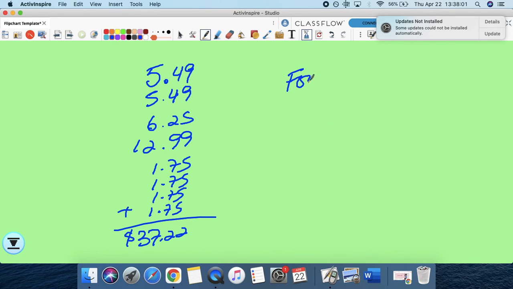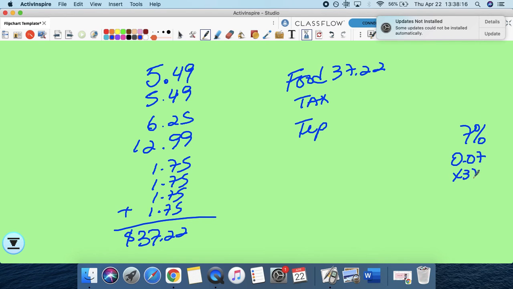So food, 37.22. We gotta do the tax. And we gotta do the tip. So the tax is ¿cuánto? 7%. So 7%, 0.07 times 37.22. It's gonna give the tax is $2.61.